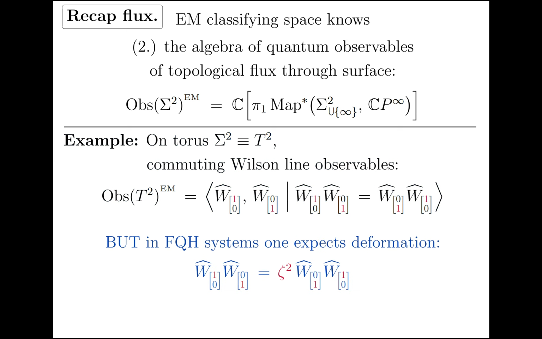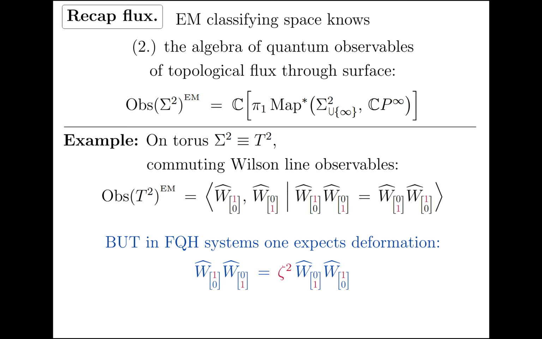And that, of course, is not what you actually expect to see. Well, it is a little bit similar, but in fractional quantum Hall systems, you actually expect to see a deformation of this formula, deforming to the non-commutative torus. In fractional quantum Hall systems, Chern-Simons theory predicts that the actual Wilson loop observables form an algebra that is again generated by these two generators, the two cycles of the torus.